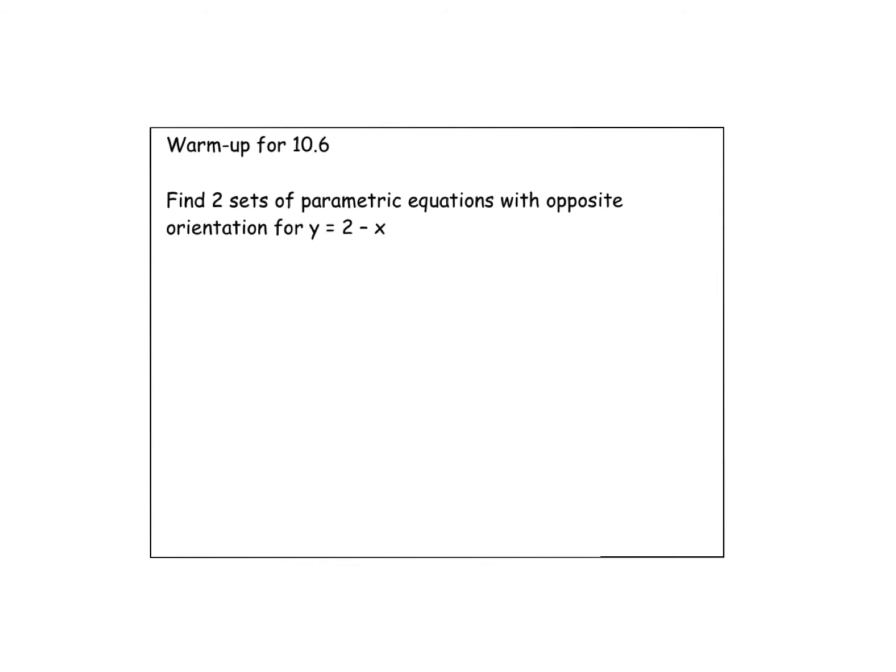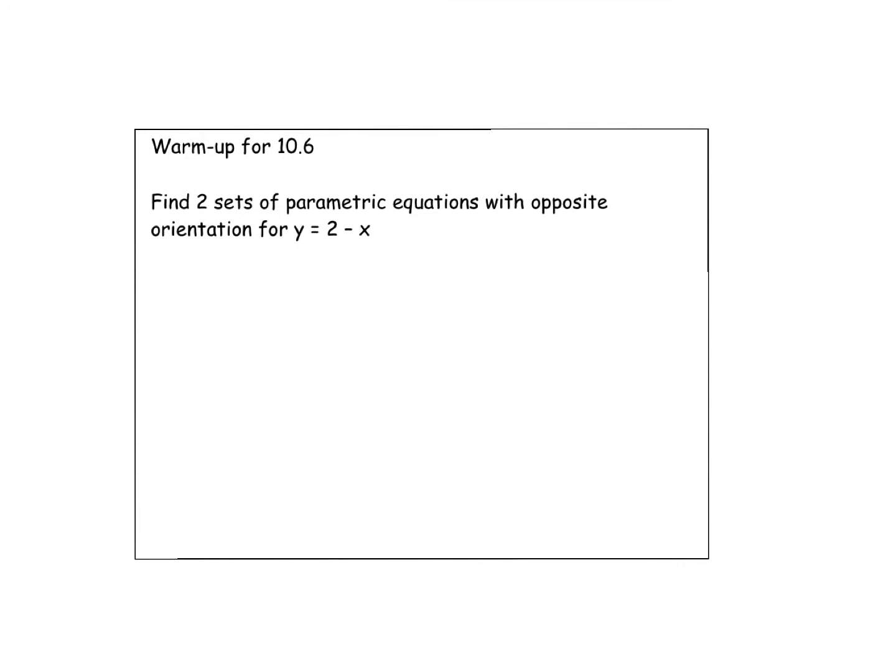So when I looked at this problem, I said, well, let me just graph the line first. 2 minus x has a y-intercept of 2, slope of -1, simple.